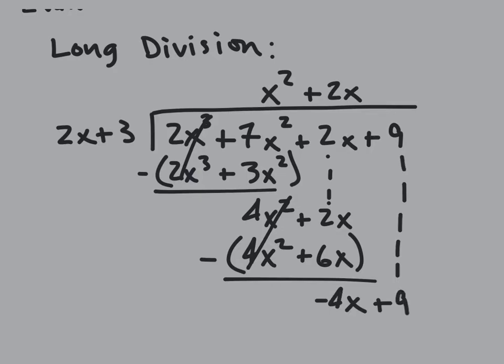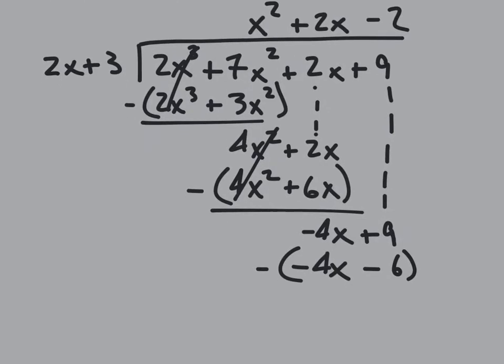So now 2x times what gives us negative 4x, and that's just going to give us negative 2. All right, so negative 2 times 2x plus 3 is negative 4x and then minus 6. So when you subtract the quantity here, negative 4x plus 4x cancels out. 9 minus negative 6, 9 plus 6 gives us positive 15.